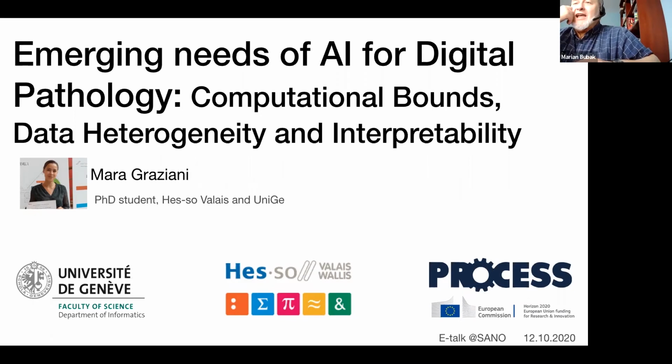While we were working together with Mara in a project which is called Process, about future large-scale computing systems, the application developed by Mara is demanding for such high performance computing systems, which will be available in the future. I'm very grateful to Mara that she decided to join us, and Mara, the floor is yours.